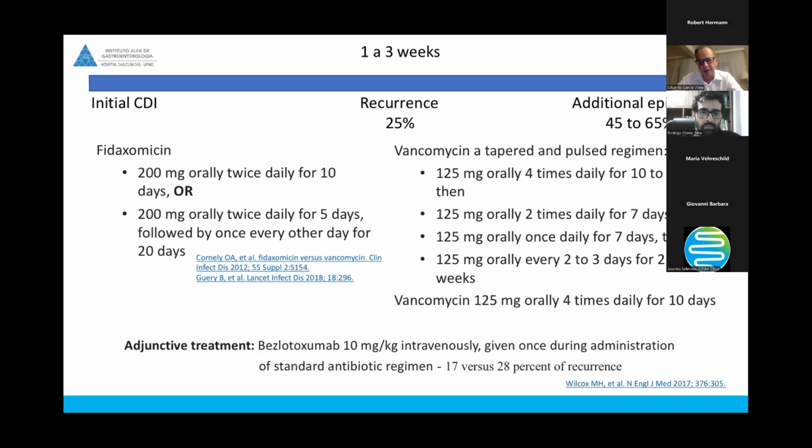In some countries, bezlotoxumab is available. Of course it can be a complementary treatment, as we have a reduction of recurrence of something about 10%. But with this difference, you have to treat 10 patients to have one patient with less recurrence.